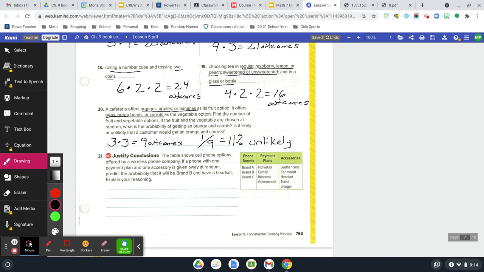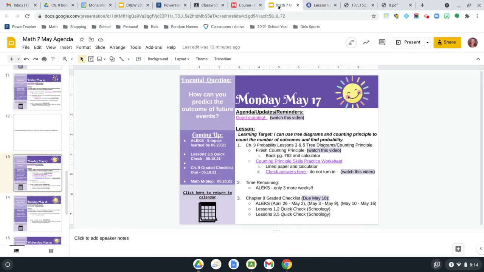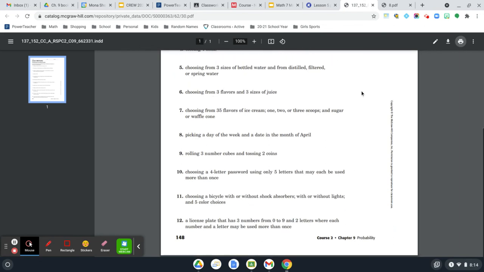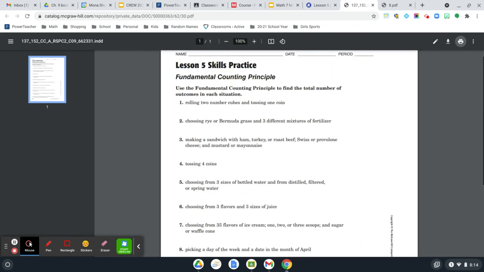Okay, we're done with the book. And so the next thing that you're going to go to is the worksheet. On the agenda, there is a link here, Counting Principle Skills Practice Worksheet. You're going to open this up, and then on lined paper, you're going to just work the problems out and then use your calculator. There are 12 of them here. All you need to do on your lined paper is write out what you're going to multiply.